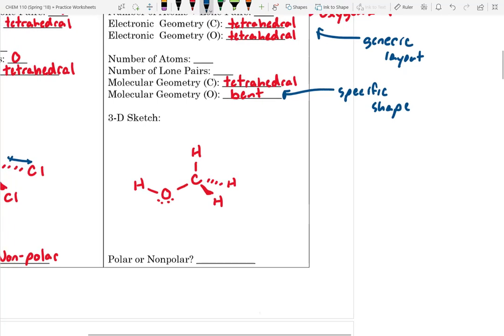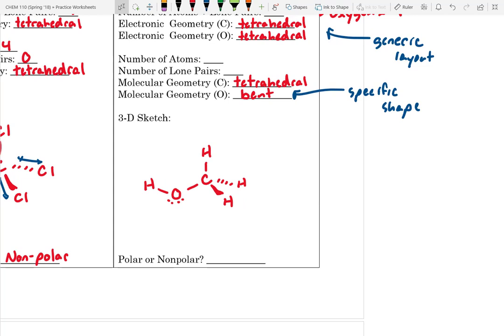So now again, we want to show net dipoles. We said carbon and hydrogen bonds really don't have a net dipole, right? There's not a big difference. What's more electronegative between oxygen and carbon, though? Oxygen. So I'd say, all right, it's hogging electron density. How about between the oxygen and the hydrogen?